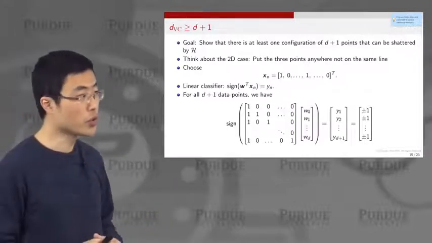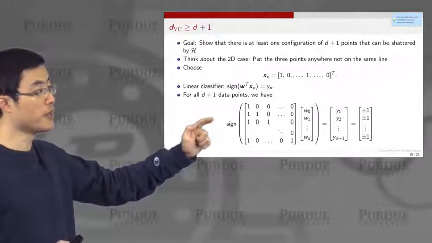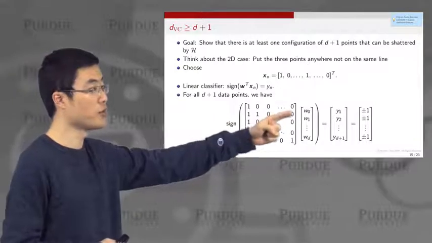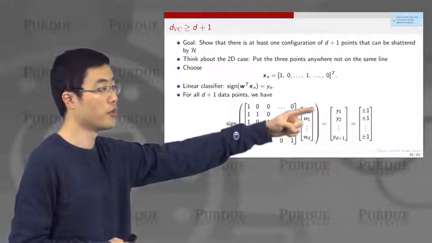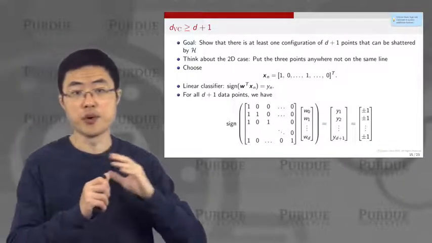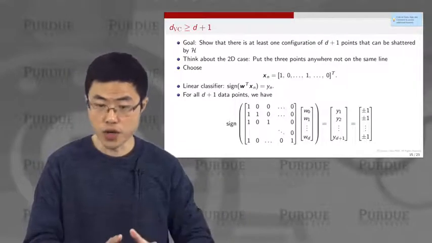So what I can do is consider the following equation. In this equation, how many data points do I have? I have d plus 1 data points, as I'm showing you on the right-hand side of this equation. You have all the labels y1 through yd+1. So you can have plus 1, minus 1, plus 1, minus 1, and so on.